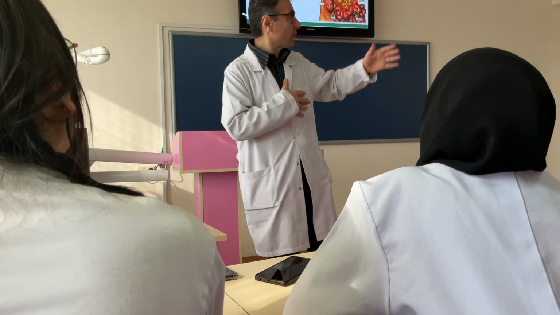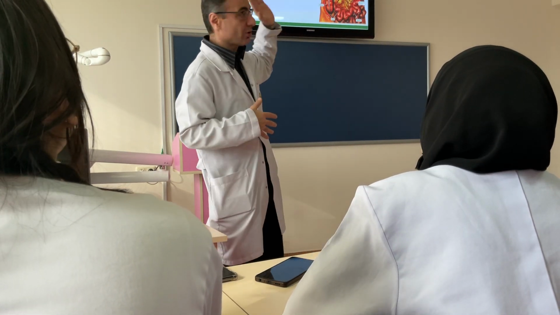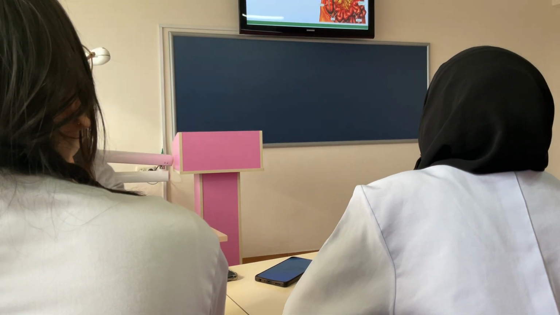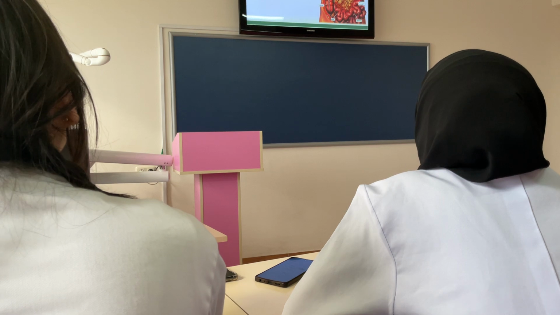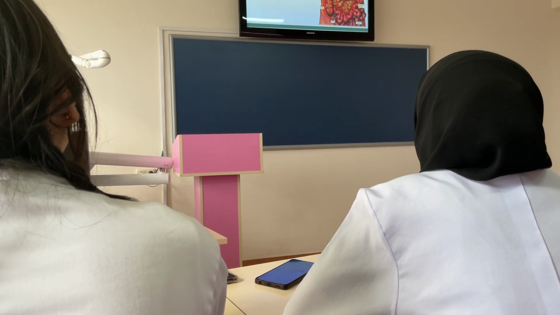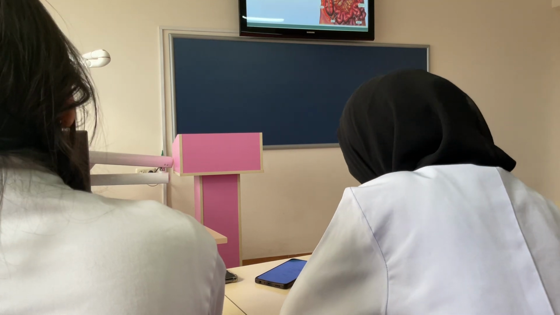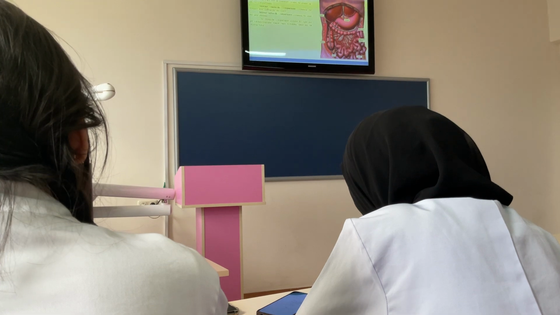The left part of the diaphragm is not completely occupied by the liver, and from right to left it is split into three portions: portion 1, portion 2, and portion 3. This is the left hepatic bursa, this is the pregastric bursa, and this is the closed sac of the spleen.